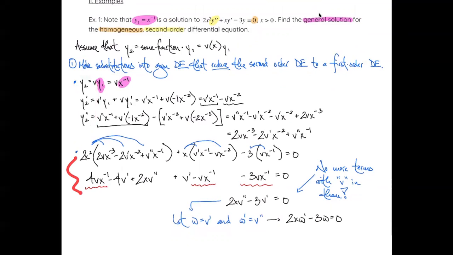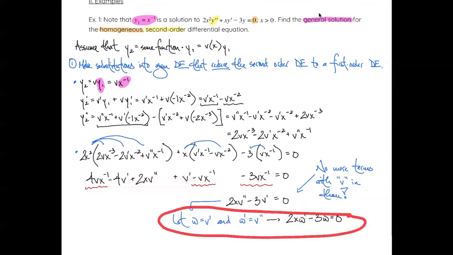And after a whole lot of algebra, we ended up with a much more simple second order differential equation. It's more simple, but it's still a second order. So we had to make a third and final substitution. And we were able to end up with a first order differential equation.